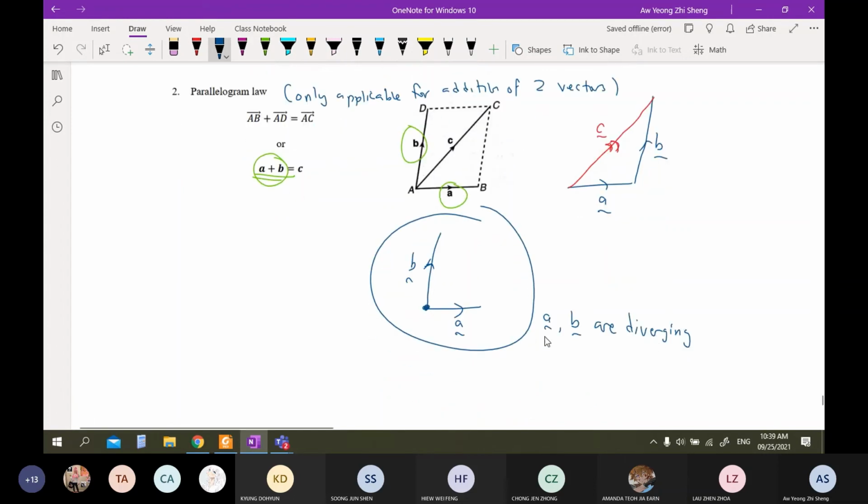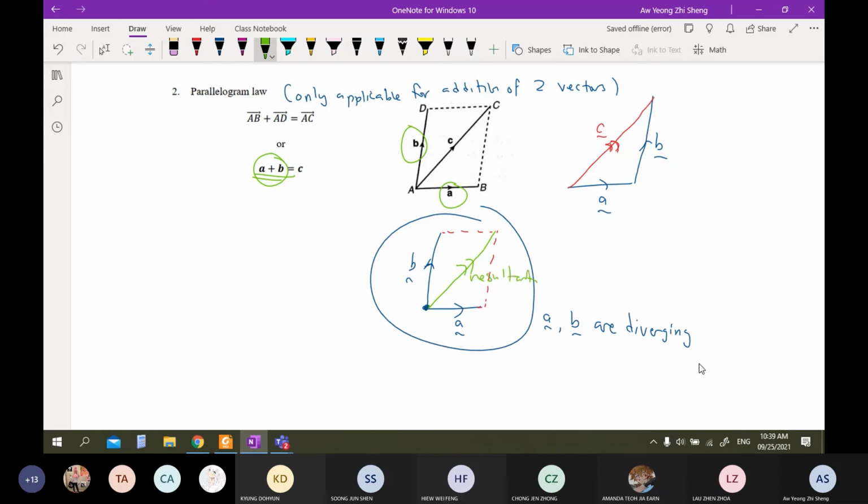For the case when A and B are diverging, you can complete the parallelogram. Using A and B as two sides, you complete the other two sides. Then from the common starting point of A and B, if you connect a diagonal to the vertex on the other side, this will give you the resultant.